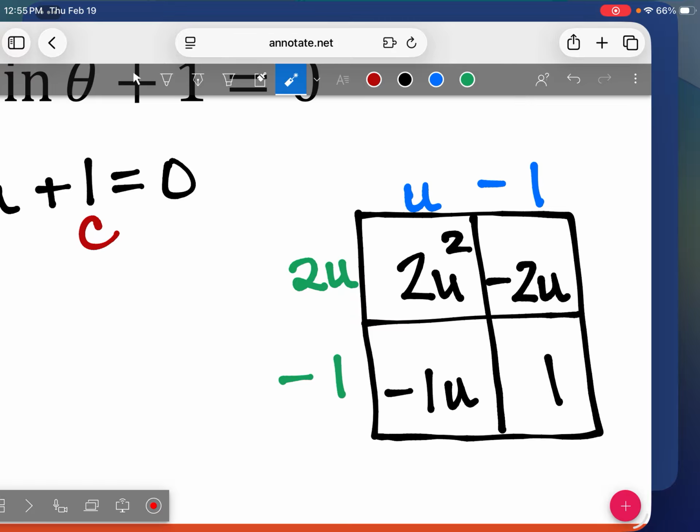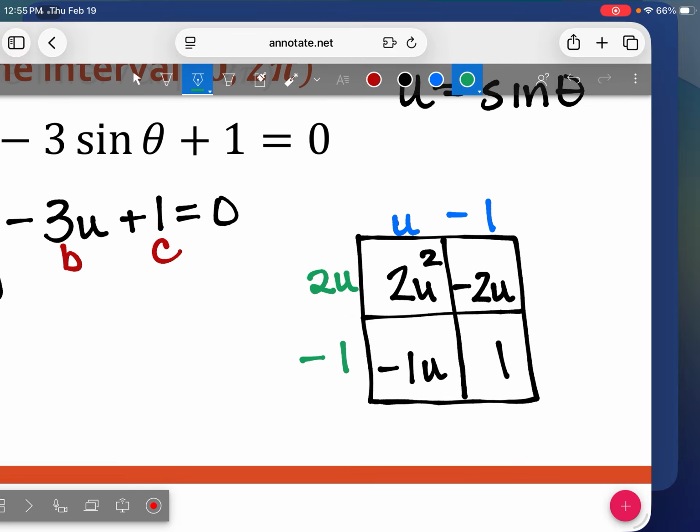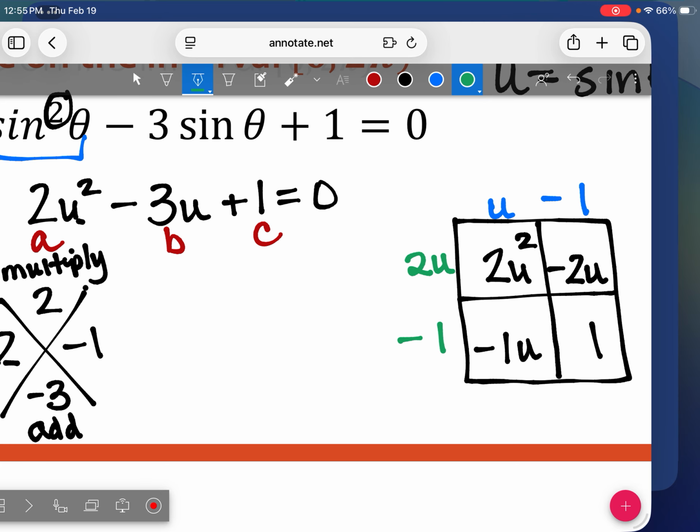Okay, so now let's go ahead and set those equal to 0 and solve them. So if 2u minus 1 equals 0, I'm not going to show my steps. Go ahead and solve that. 2-step equation. Can we do another one of these with different methods?